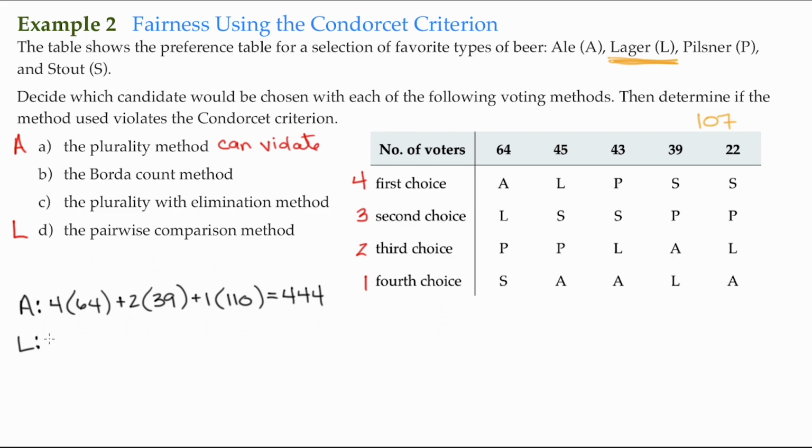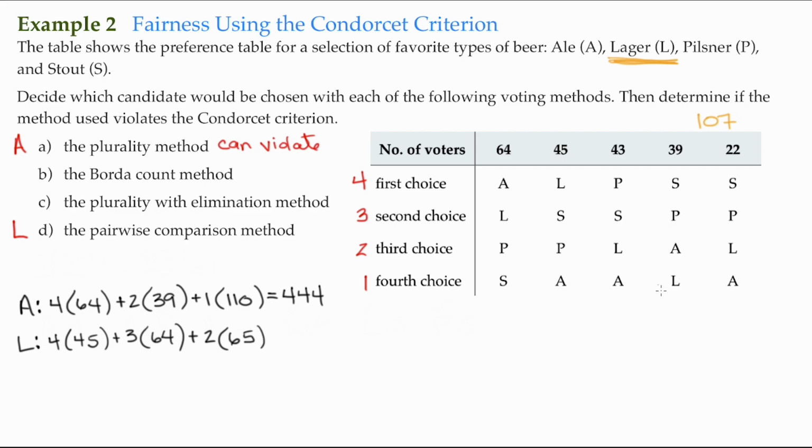45, so that's 4 points for the 45 first choice votes. 64 for second choice, so we give 3 points for those 64 votes. For third choice, 43 and 22, that's 65, so we'll give 2 points for those 65.